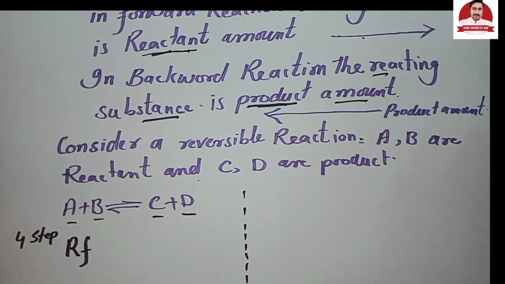According to the reversible reaction, the rate of forward reaction is directly proportional to the product of the concentration of the reactants. Here A and B are the reactants, and these brackets denote the concentration of these two reactants. So the rate of forward reaction is directly proportional to the concentration of the reactants A and B.